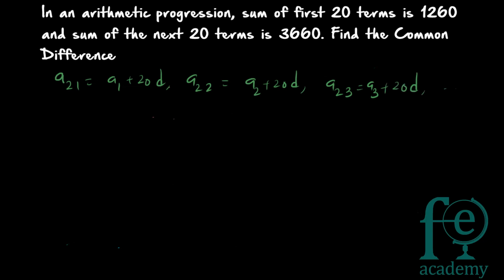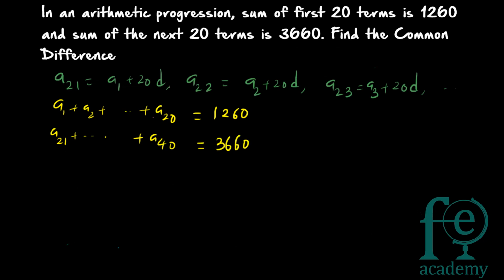So now let's try to subtract the second series from the first series. What is our first series? a1 plus a2 plus up to a20 is equal to 1260. And our second series is a21 plus up to a40, and the sum is given as 3660. Now let's replace the second series by the terms.